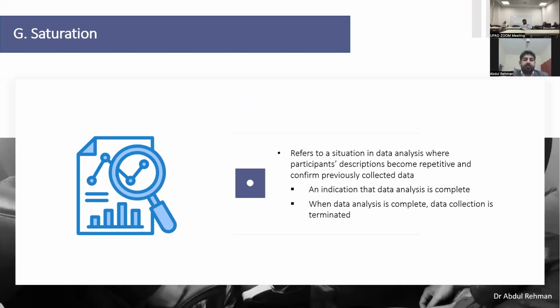saturation. Very important. If someone asks you why you selected 10 participants for interview, not 12 or 15, that's the answer: saturation. In qualitative research, we stop collecting information when it starts repeating. For example, you go into the society and get information from one officer at the municipality, who gives you specific information.